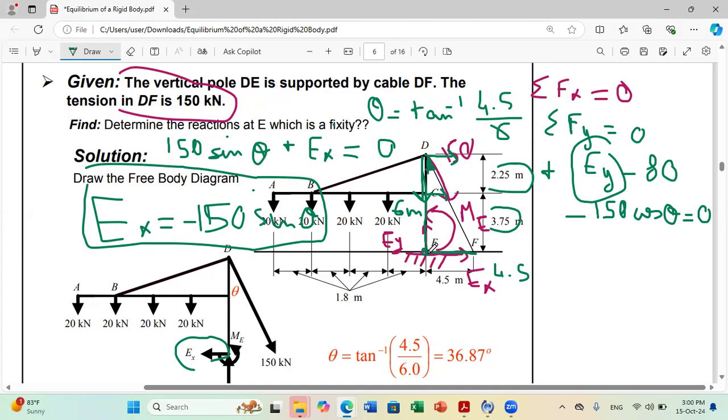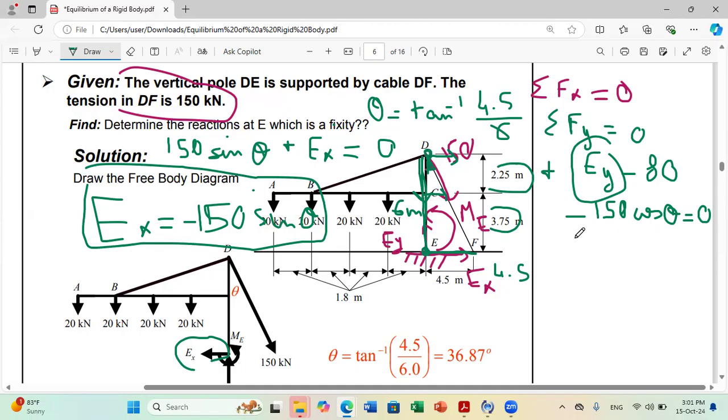If I take E as my point, EX and EY will not do a moment about it. And you can say D is simpler also. Why is D simple also? Because the tension is passing by D, so you don't have to take the moment of the tension. And EY also is passing by D, so D is easier. You can take sum of moments about D equals 0.